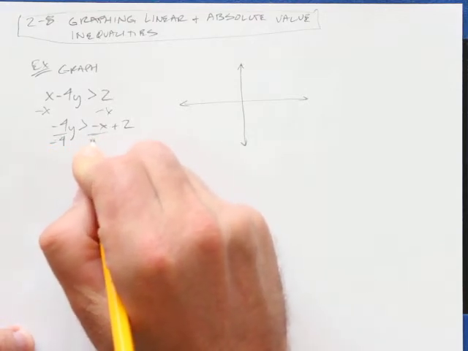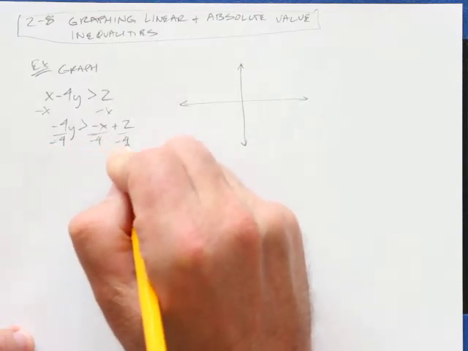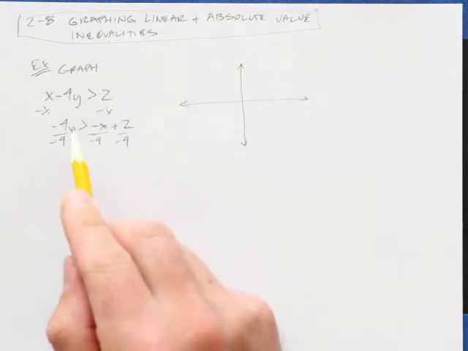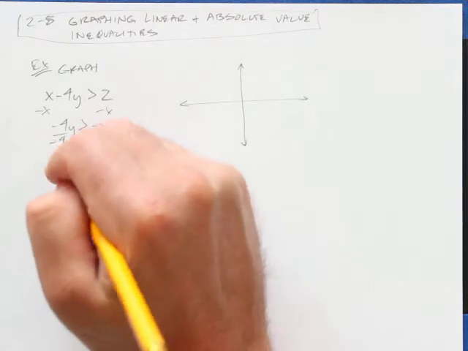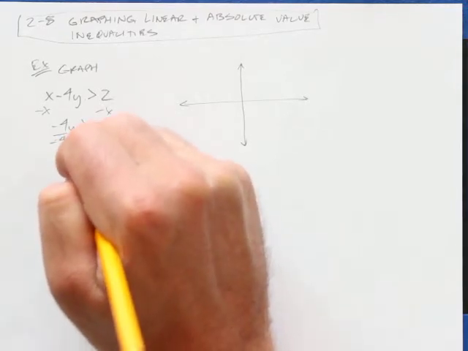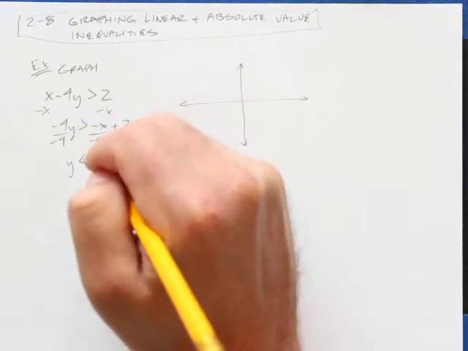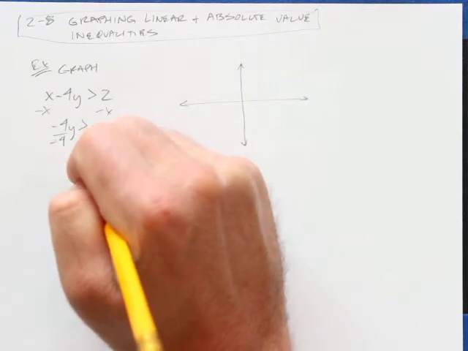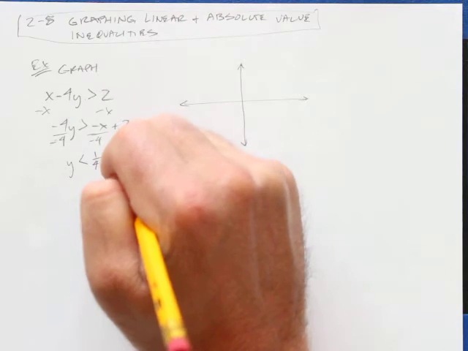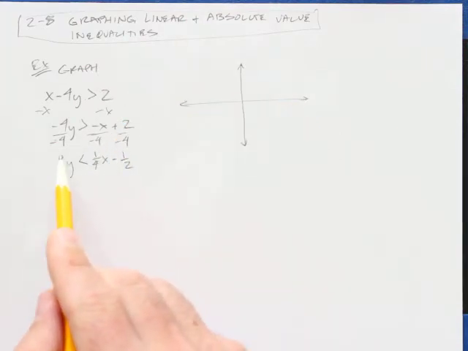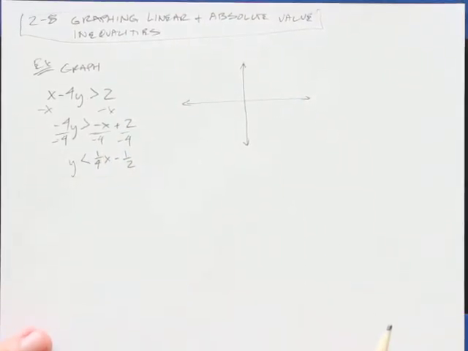And when I divide by a negative or multiply by a negative, I need to switch my sign. So y is less than positive 1/4 x minus 2 divided by 4, which is 1/2. That's what I'm going to use to graph.